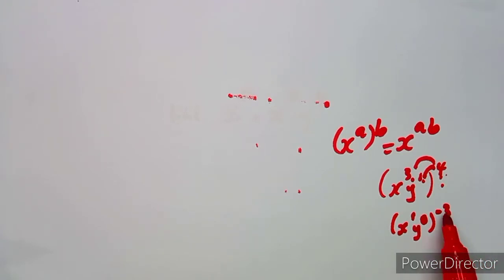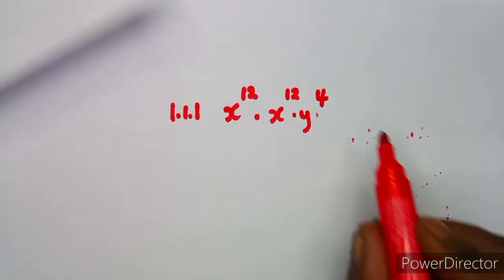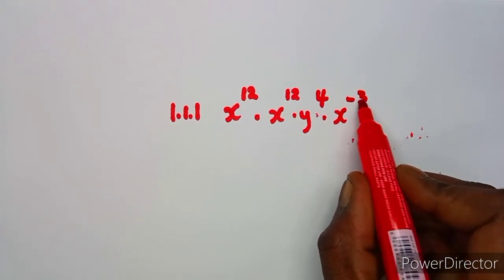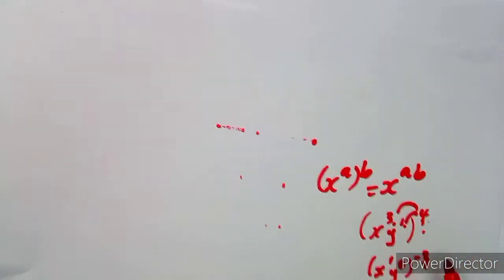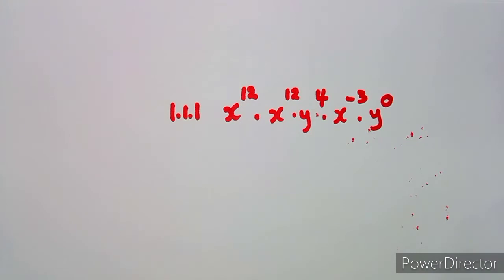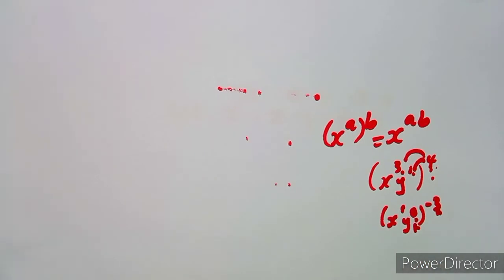So you're going to have the same thing: negative 3 times 1 is negative 3, so x to the exponent of negative 3, and negative 3 times 0, which is y to the exponent of 0. That one has no effect, or you can just write it as 1. We'll see that one later on.